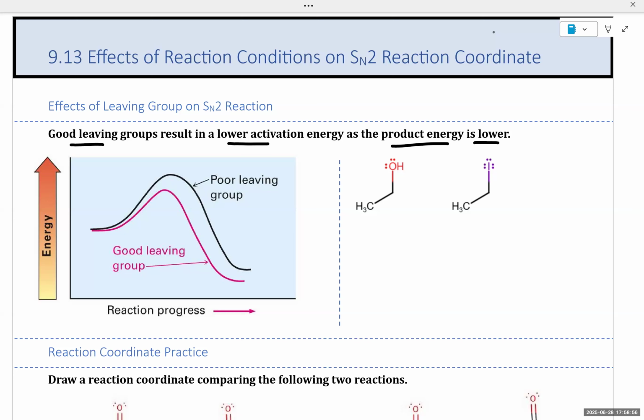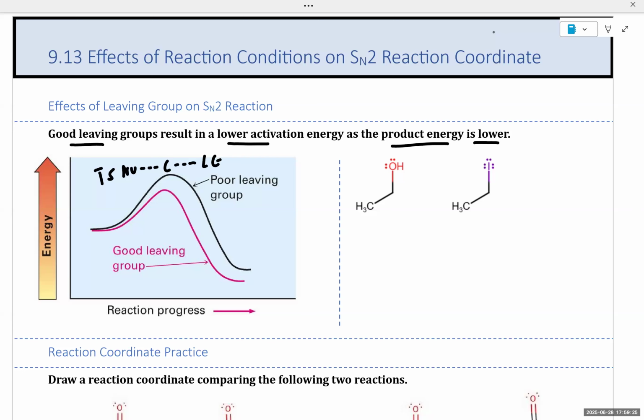When we think about the transition state for a moment, we're forming a bond between our carbon and our nucleophile and breaking the bond between our carbon and our leaving group. This step overall is exergonic, so your transition state is going to resemble your reactants.